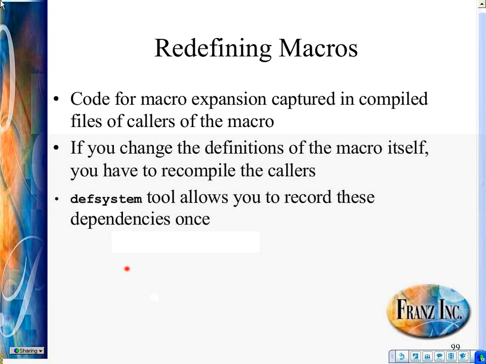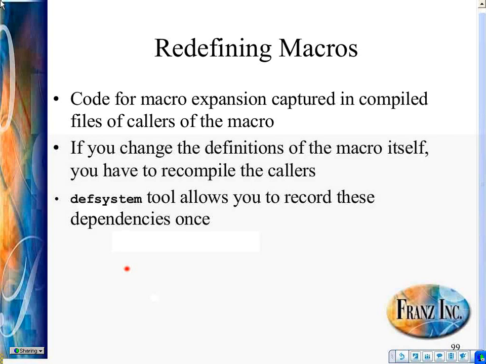Also, if we have a macro called foo, and we've already defined and compiled a function called bar, which calls foo, and we did that before we defined foo as a macro, then the compilation of bar is going to assume that foo names a function.